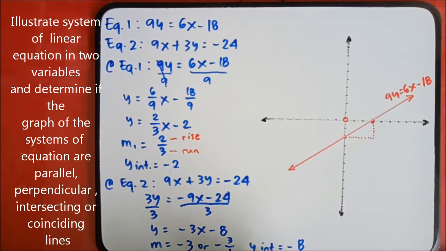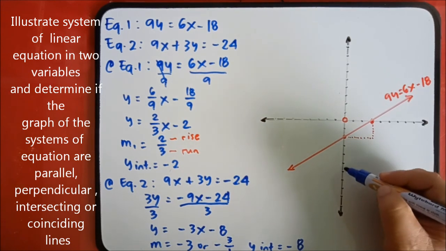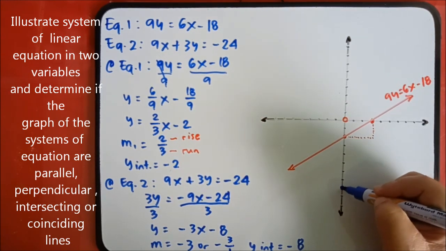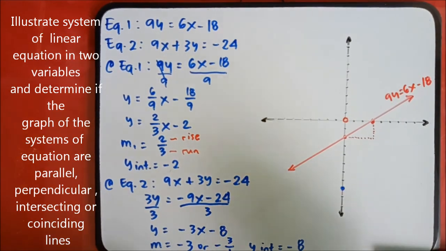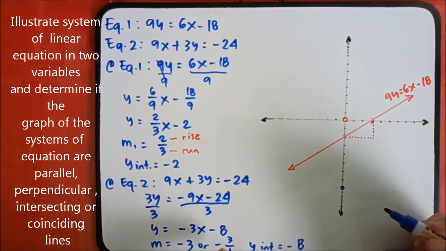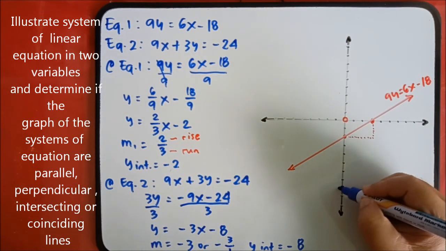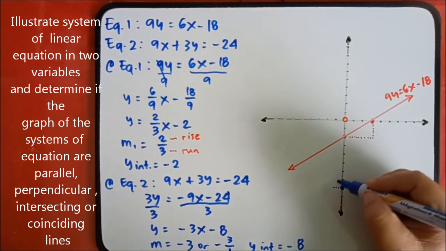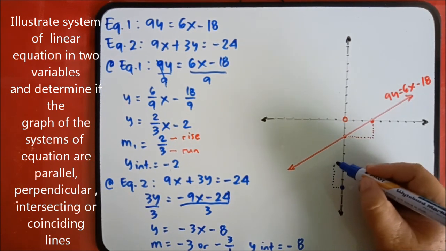Next. What is our y-intercept? -8. 1, 2, 3, 4, 5, 6, 7, 8. Okay. The rise is 3 and the run is -1. Since the slope is negative, it goes backward. So 1, then 3. 1, 2, 3.